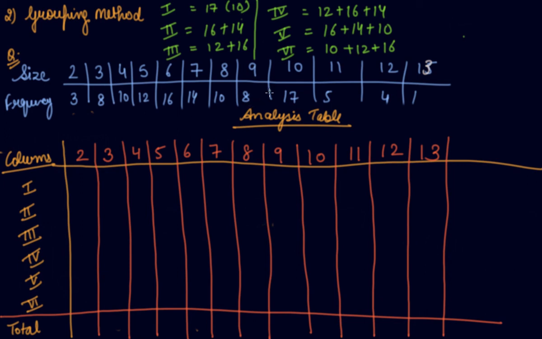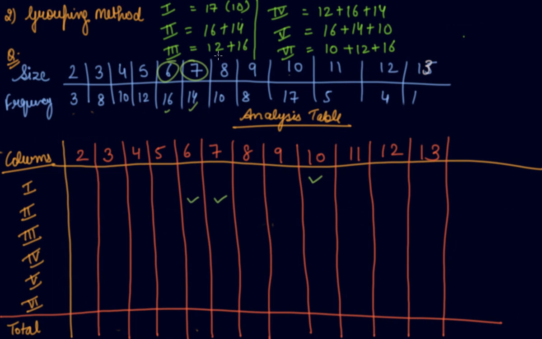Now, in the first column, we had 17 as the highest frequency, and that was corresponding to size 10. So we will take 10 in the first. In the second column, we had 16 plus 14 as the highest frequency, right? So 16 and 14 are corresponding to 6 and 7. So you will take 6 and 7.